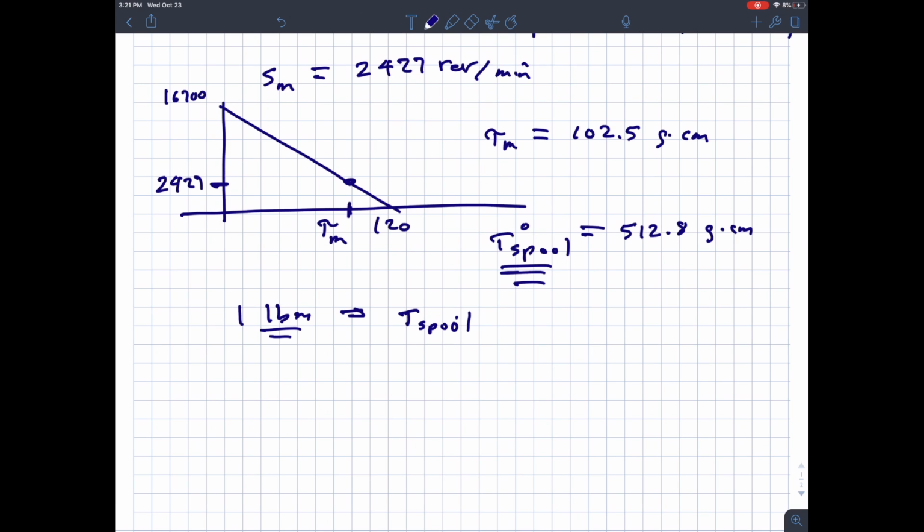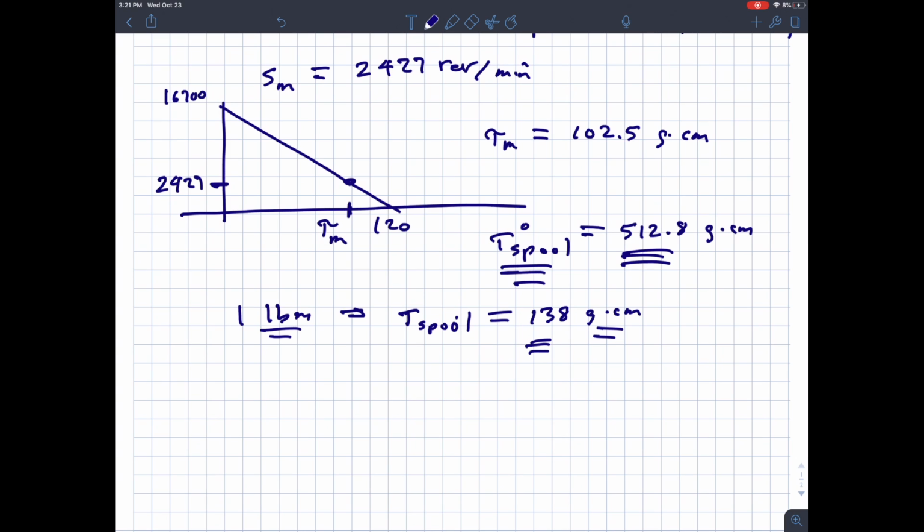And so if I do a 1 pound mass and use the conversion factors, what I get for the torque that's actually exerted on the spool is, let's see, about 138 gram centimeters. Okay, so you see we should be imparting 512.8 gram centimeters, but we're only needing to impart 138 gram centimeters.